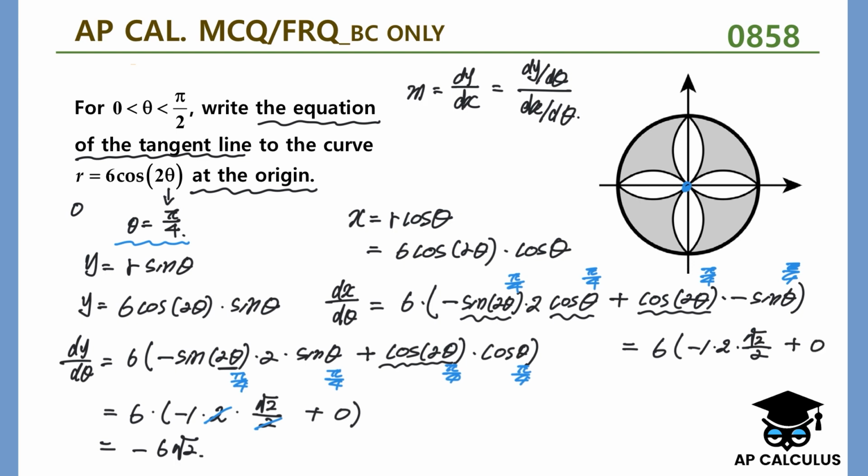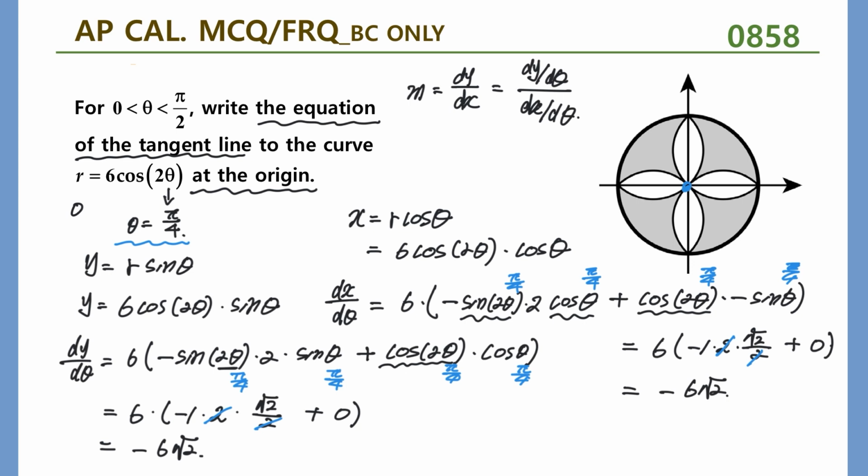So 0 times whatever value, that's a 0, right? So that's going to be equal to, cancels out. This is also 6 times negative 1 times the square root of 2, so negative 6 root 2, right?